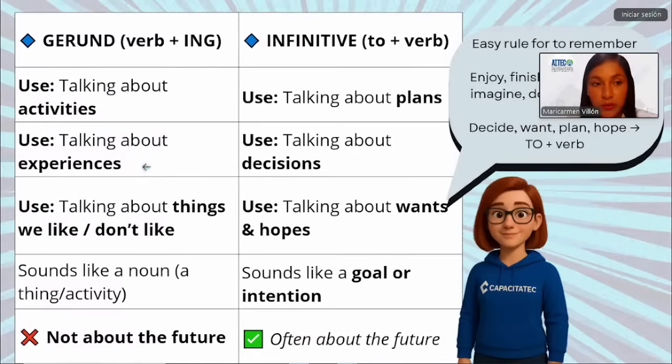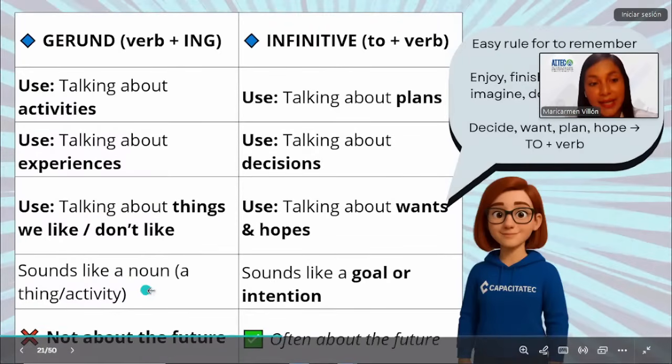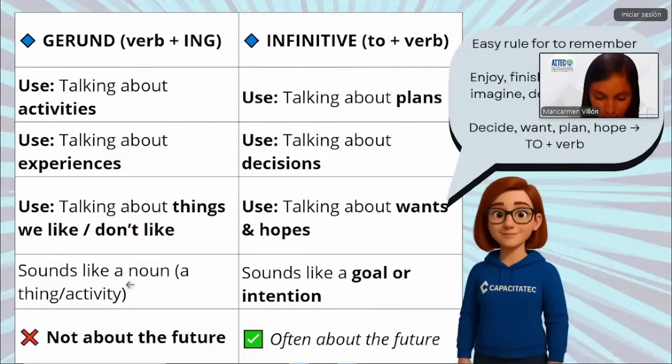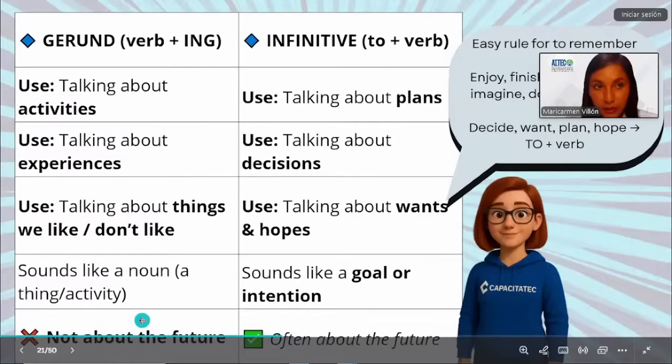Talking about experiences, cuando se habla de experiencias también, vamos a utilizar el verbo con ing. ¿Sí? Talking about things we like or don't like. Ya verán entonces en contexto. Cuando se habla de cosas que le gustan o no le gustan a uno, pues agregamos ing al verbo, ¿sí? Entonces, ¿qué dice aquí? Sounds like a noun, a thing, or an activity. Entonces, esto suena más como un noun, como una cosa o una actividad. Esto, para utilizar gerund, para agregar al verbo ing, no es precisamente para hablar del futuro.